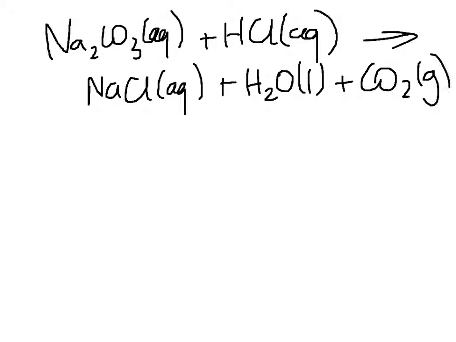We have to balance it now. So if we put a 2 here, we balance out the sodium, and we need to put a 2 up there to balance out the HCl, and now we're balanced off.